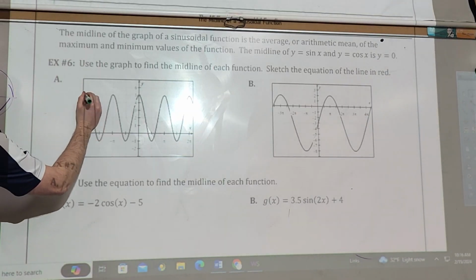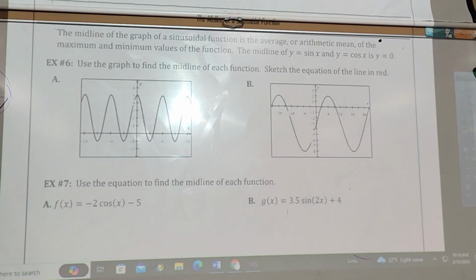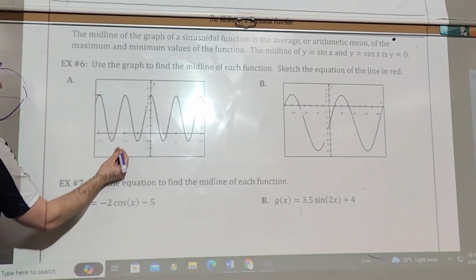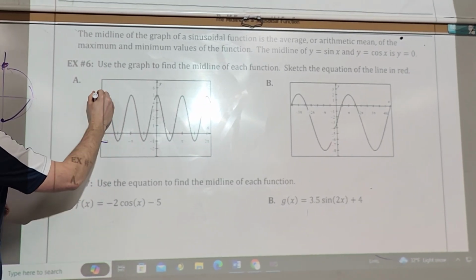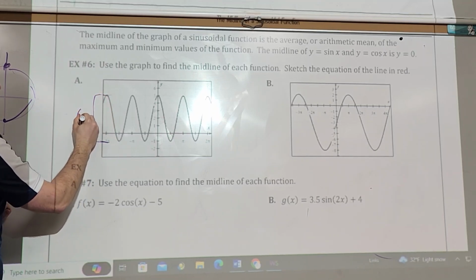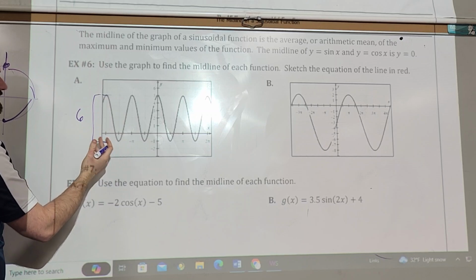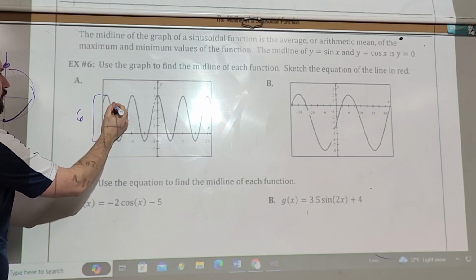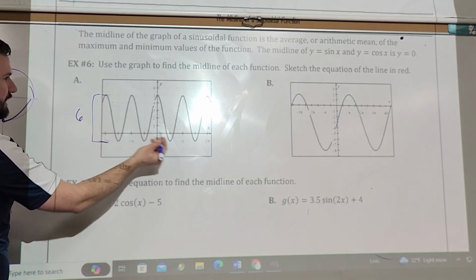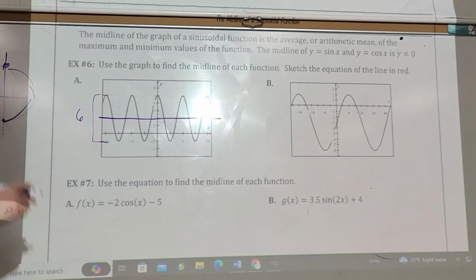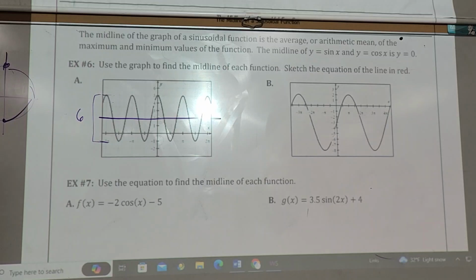What's my amplitude from here to here? How big is that? 6, or that's not my amplitude, but that's my distance. What's half of 6? 3. So if I go 3 down from here, I'll get my midline, right? That's how I'm always going to find my midline. Find the height, divide in half, right?